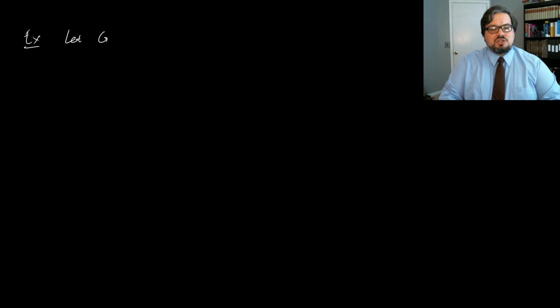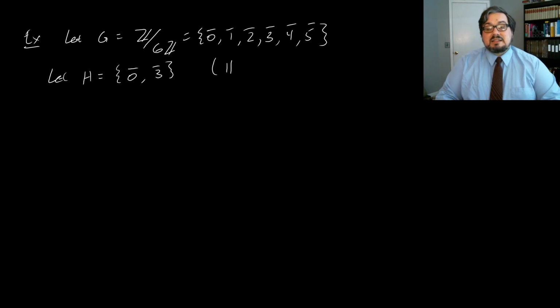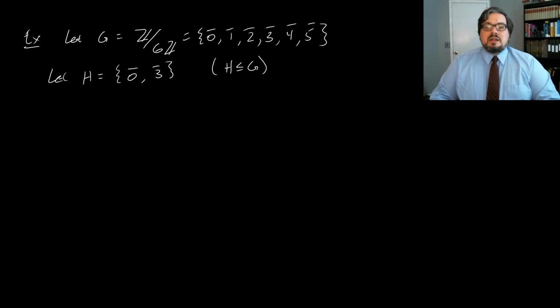So let's let G be the set Z mod 6Z, which is the set 0 bar, 1 bar, 2 bar, 3 bar, 4 bar, 5 bar. Let's let H be the set 0 bar, 3 bar. Now, in this case, H actually is a subgroup of G. And let's look at all of the different cosets of H. Now, when we write G additively, we have a different notation.